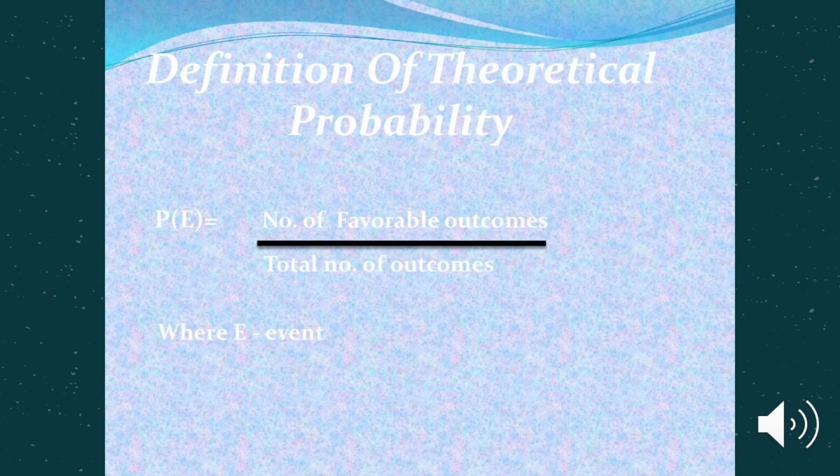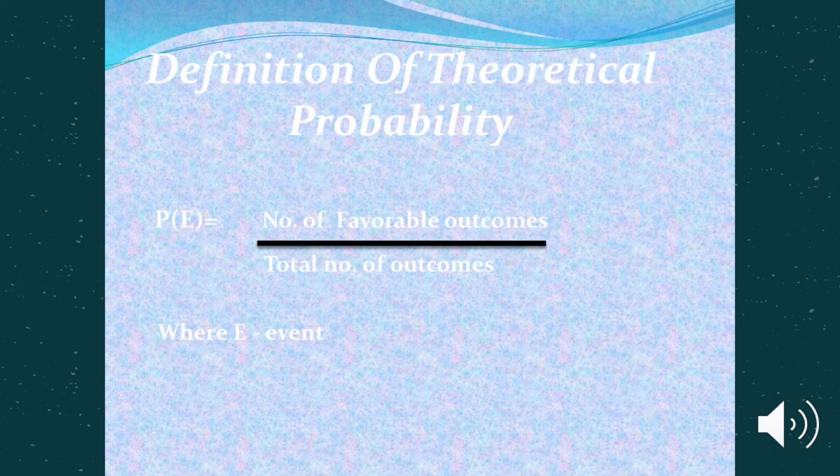Now, the definition of theoretical probability. We denote probability by P(E), where E is any event. The probability of occurrence of any event is calculated by the formula: number of favorable outcomes upon total number of outcomes. So, this is a ratio.